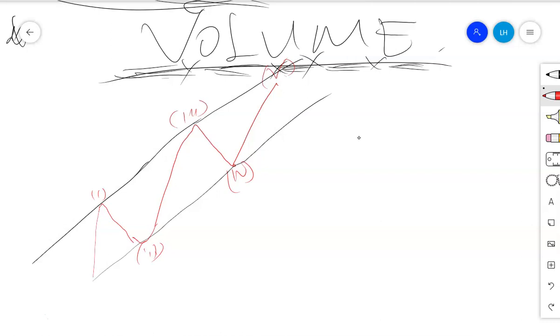ELLIOTT tried to figure out how that variation in volume occurs, and he put it as a guideline that we expect the third wave to have this type of volume, and the fifth wave maybe to have this type of volume. Therefore, when we incorporate this in our trading, it will guide us in making decisions in the market. That's how we will apply the idea of volume.